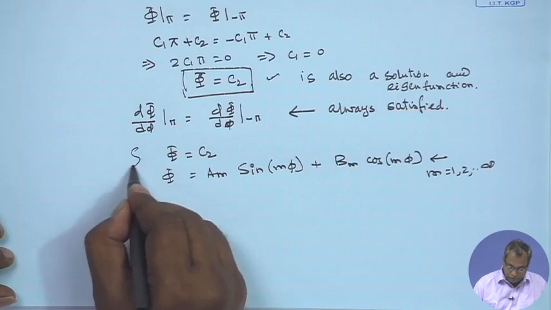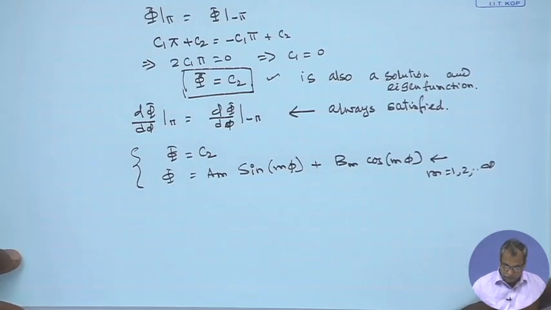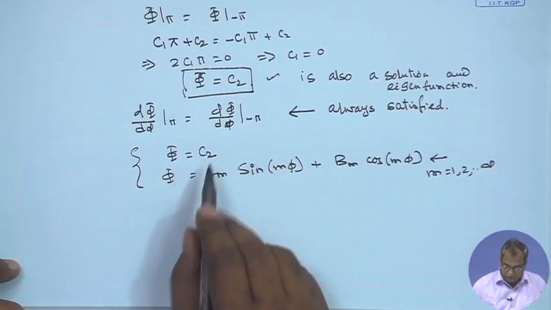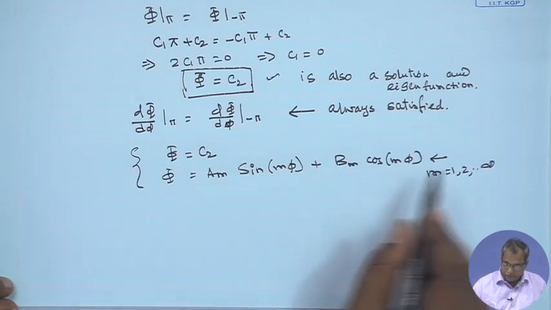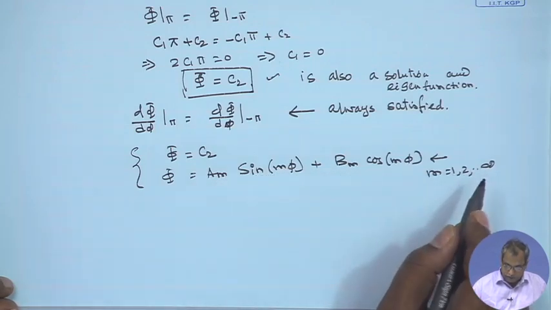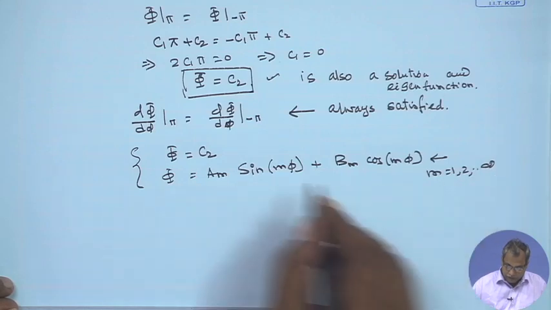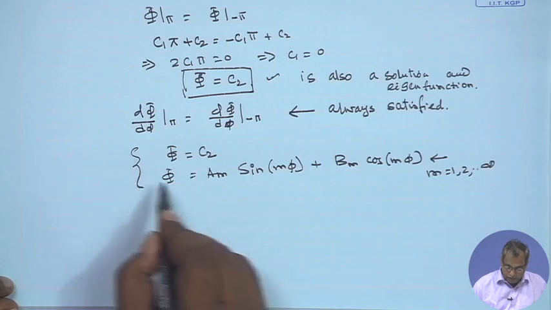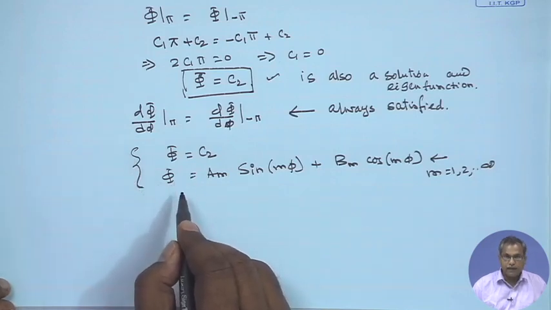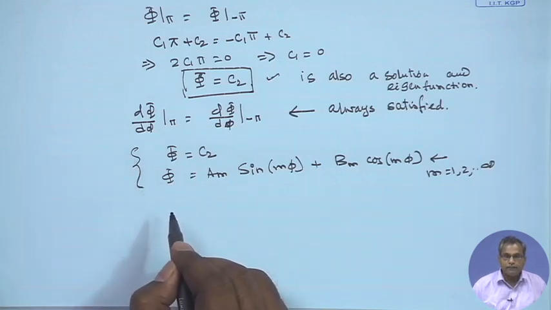Now, we have two eigenfunction forms. One is phi is constant, another is phi is equal to a m sin m phi plus b m cosine m phi, where m is 1 to infinity, the natural numbers. We can combine these two eigenfunctions into one eigenfunction if our running index m starts from 0.